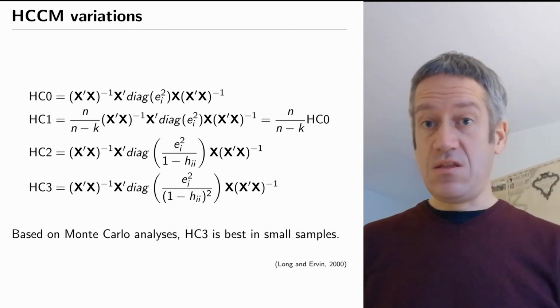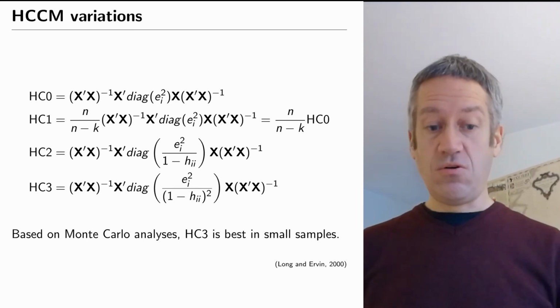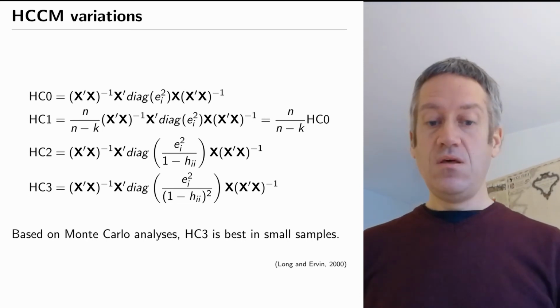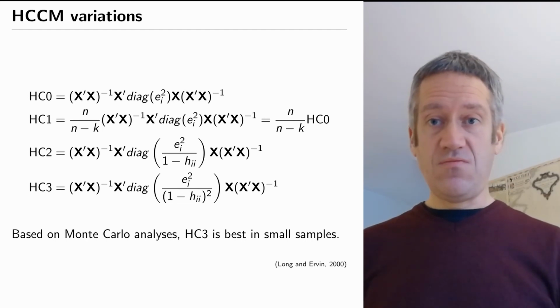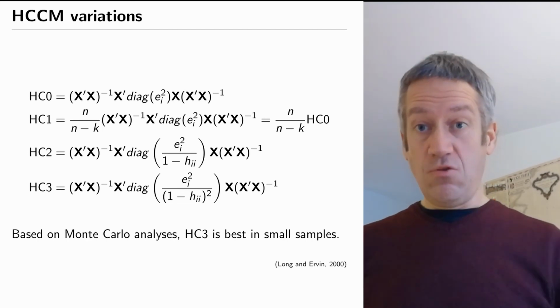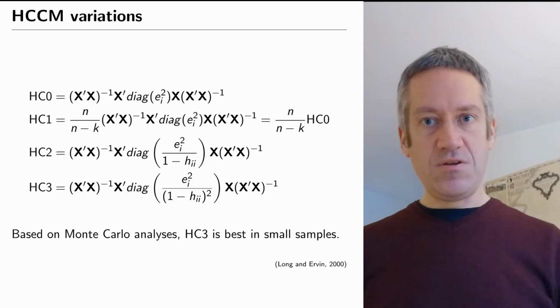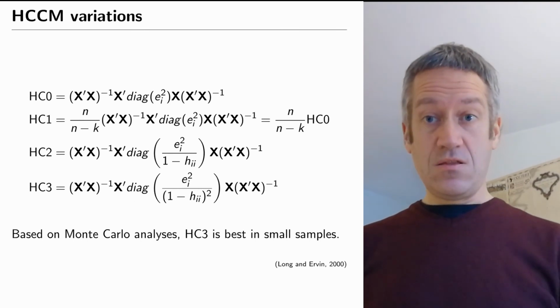So they have done simulations of what happens in smaller sample sizes, and it turns out that the fourth option, HC3, is the one that in a small sample gives you the best results. Through simulation, they figured out that they're all biased estimates of the variance covariance matrix, but HC3 is the least so.